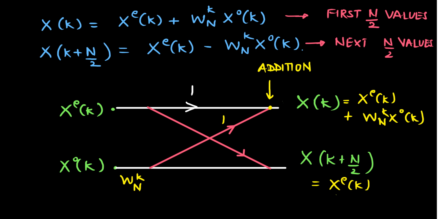So we need an extra scaling of minus 1 here. That would lead to X even of k added with minus of W_N to the power k into X odd of k. So what we are obtaining here is X even of k minus W_N to the power k into X odd of k. And this structure is known as the butterfly structure.